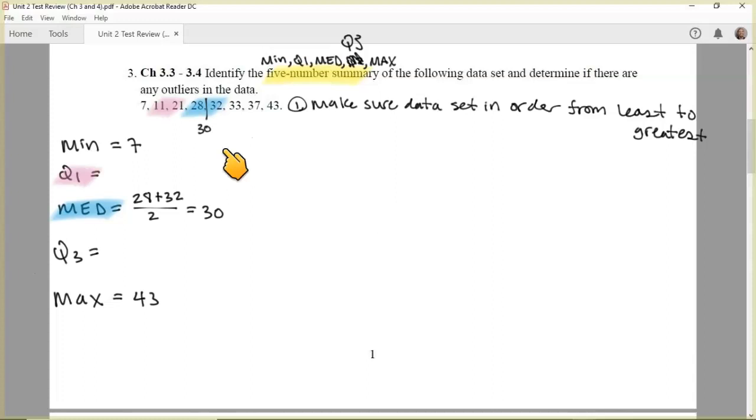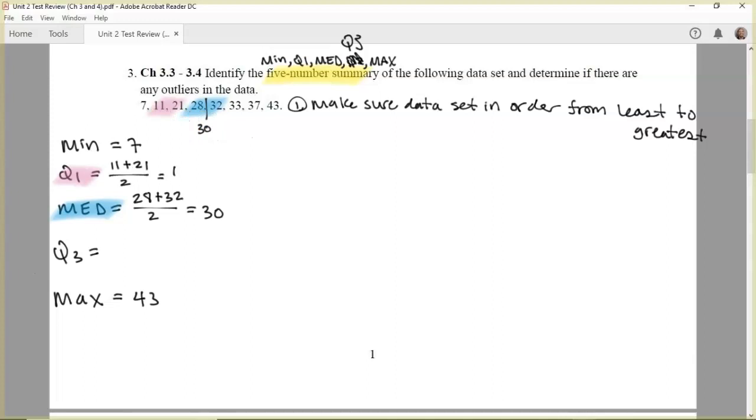And so that means this number 30 separates the data set. Anything below 30, so these 4 numbers, 7, 11, 21, and 28, that's the bottom half. Anything above 30, 32, 33, 34, 43, that's the upper half. And the first quartile is the median of the lower half. So out of these 4 numbers in the bottom half, from 7 to 28, the median is between 11 and 21.